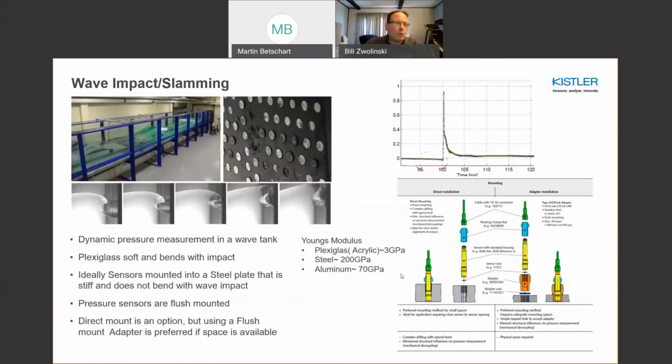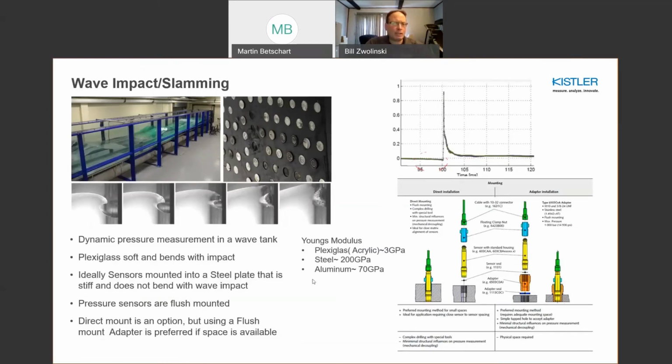Here's an example of a wave impact or slamming application where you see basically these small pressure sensors, small diaphragm. You can mount those very tightly spaced. So there's a very good spatial resolution when you use piezoelectric sensors because you have a 2/10 of an inch diaphragm, 5 millimeter diaphragm. What I like to say when you're doing these types of walls, it's always important to use a very sturdy plate, a steel plate.